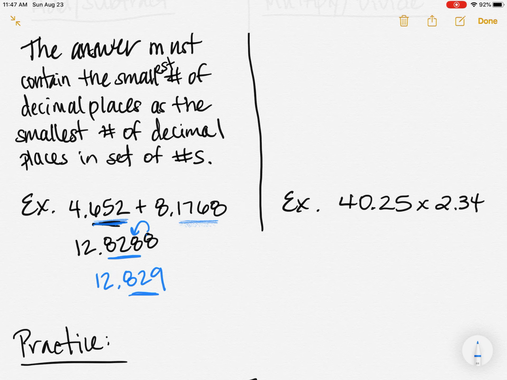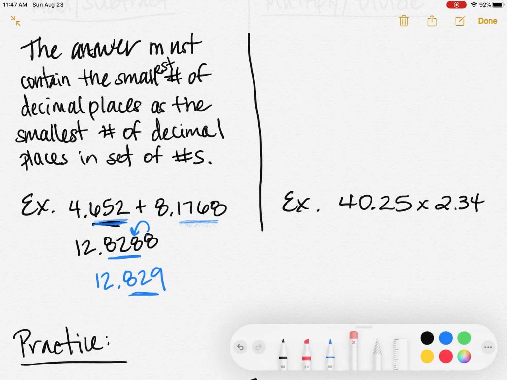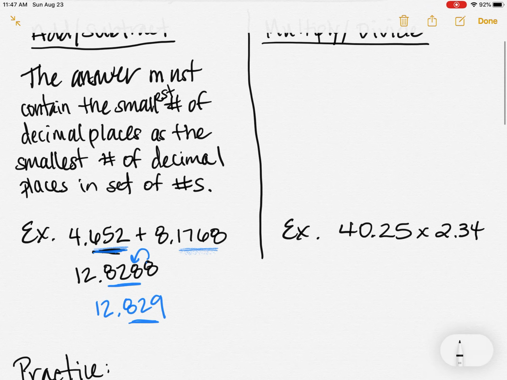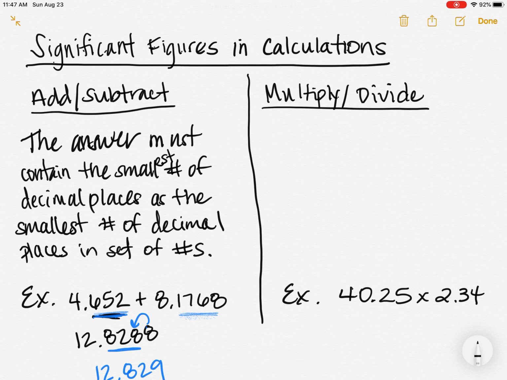Okay, so that's the rule if you're adding or if you're subtracting. It's all about smallest number of decimal places. Now, when you're multiplying and dividing, that rule is different. And so we have to do a different rule. And the multiplication and division rule has nothing to do with decimal places. It has everything to do with sig figs.